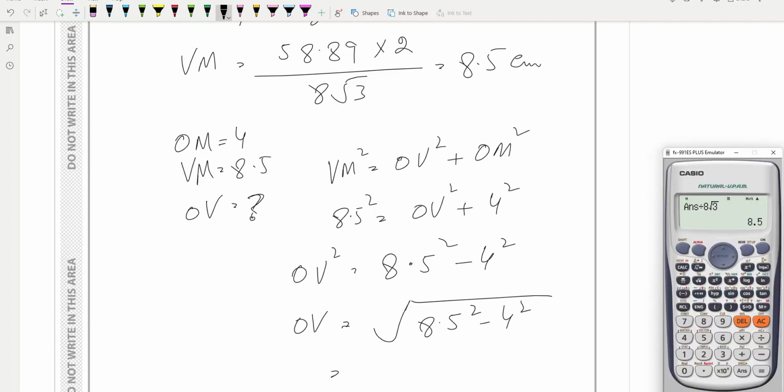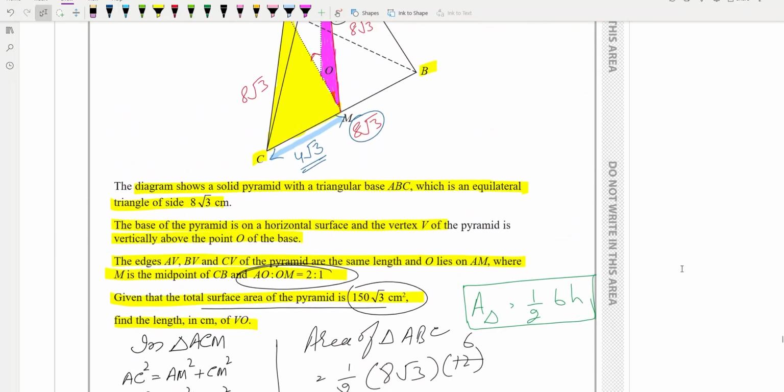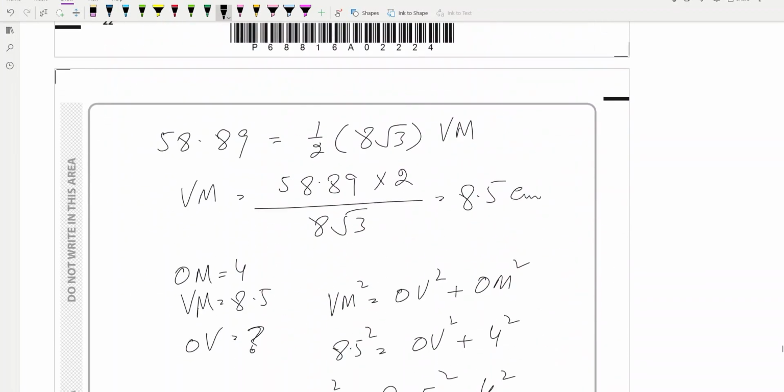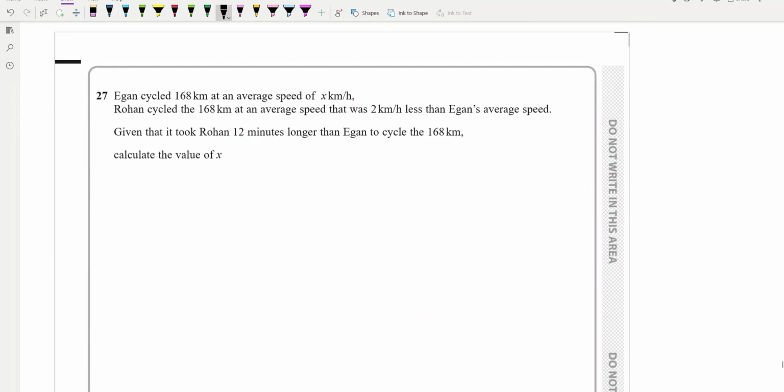When we take the root, this will give us 7.5. So 7.5 centimeters is our OV or VO, which we were supposed to find. We can write OV or VO, it is the same thing. So 7.5 centimeters. This was the 7-mark question which we are done with.